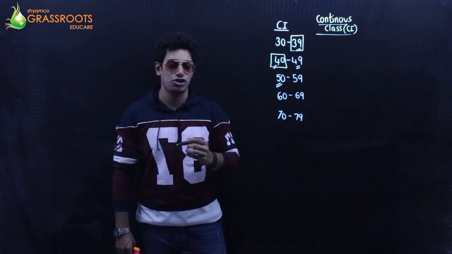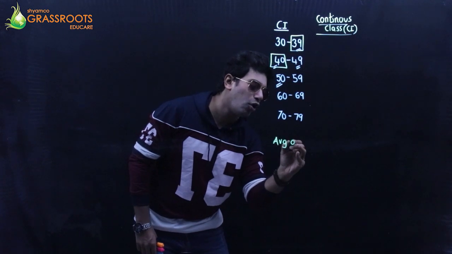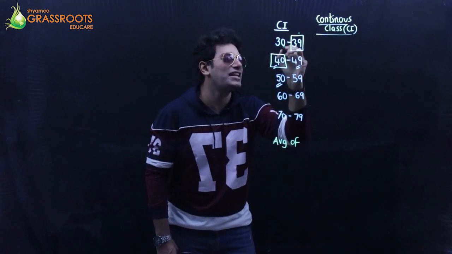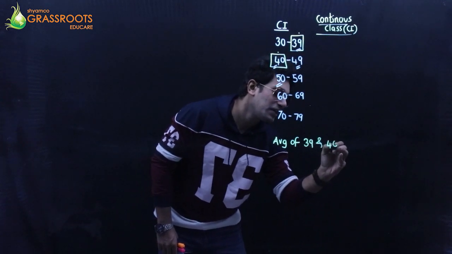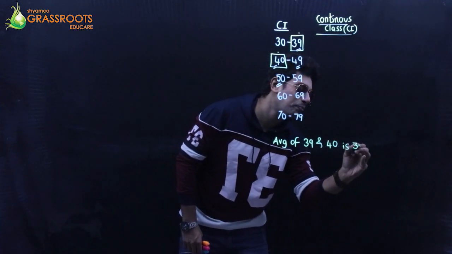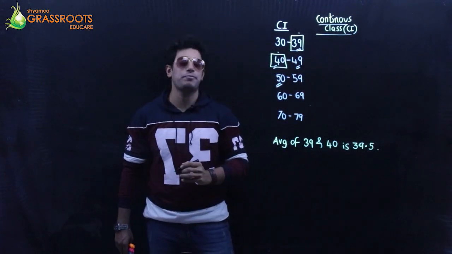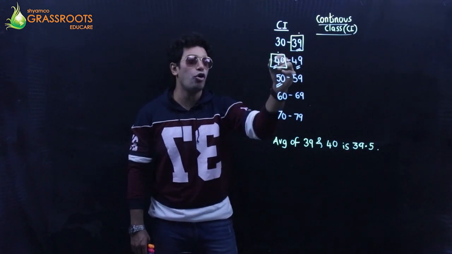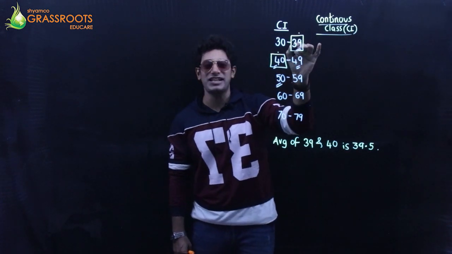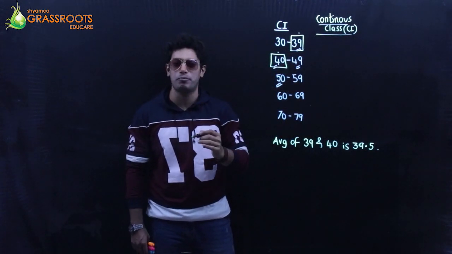Take the average. The average of 39 and 40 is 39.5. I take the mean of the two: 39 plus 40 divided by 2, it's 39.5, the midpoint.